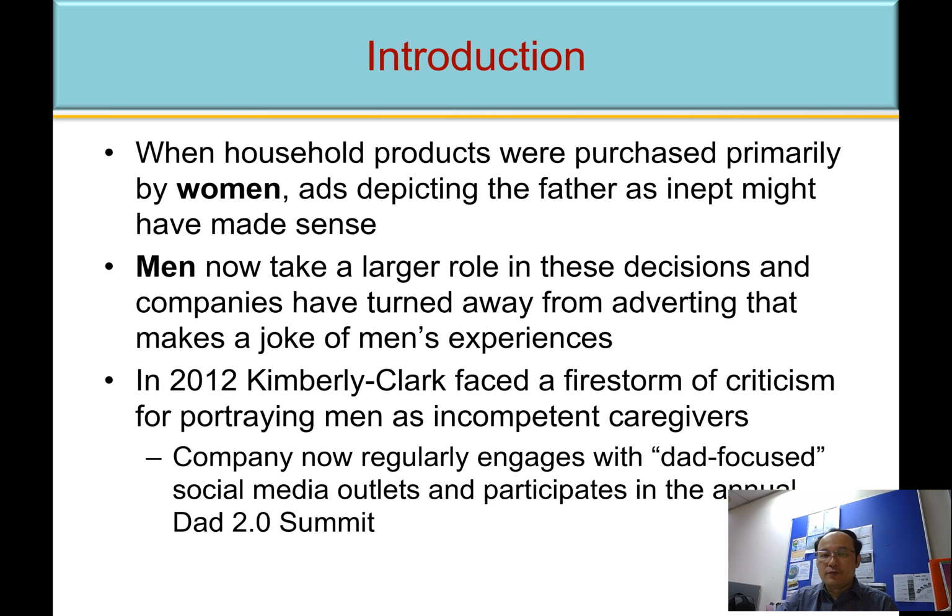Before, we always talked about women. Ads were always targeting women because it is easy to influence women to purchase, whereas fathers or men were not keen to purchase. But men now take a larger role in this decision as well.